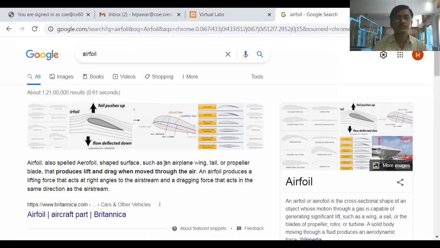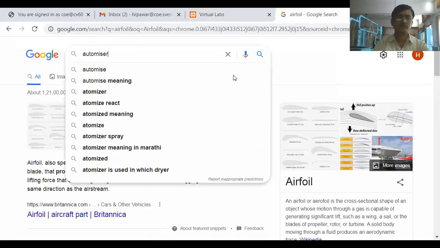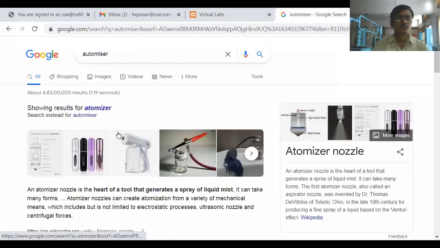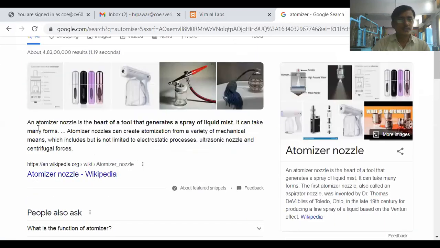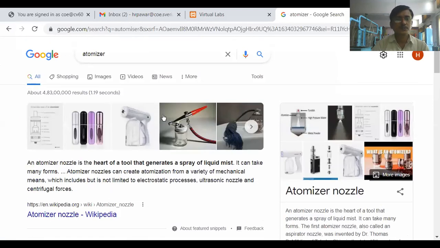And what is an atomizer? An atomizer nozzle, as you can see here, is the heart of the tool that generates a spray of liquid mist. To spray a liquid, we use a nozzle. So in the nozzle also, Bernoulli's theorem is applicable.